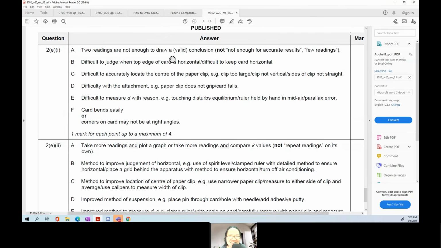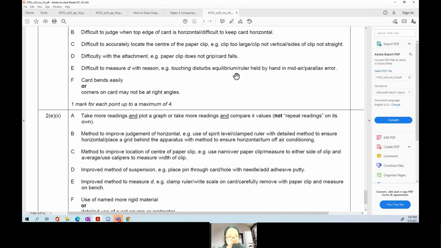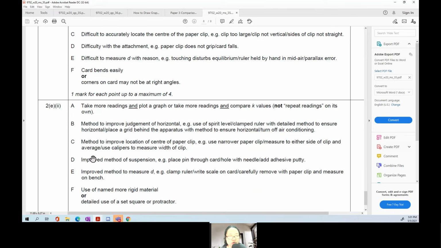Okay. So whenever there's a difficulty in doing something, always include why. Whenever you say, I want to improve a method, I need to explain what.